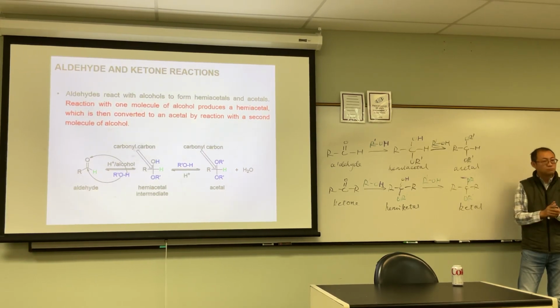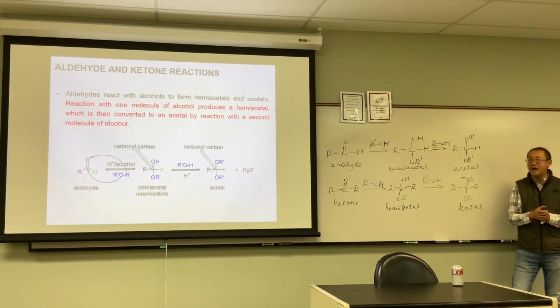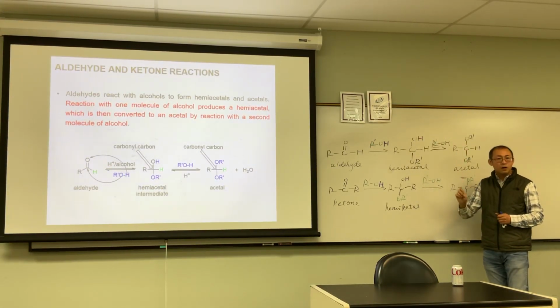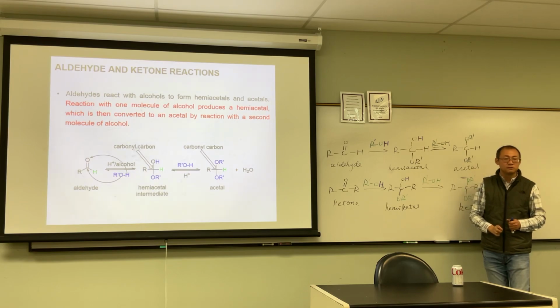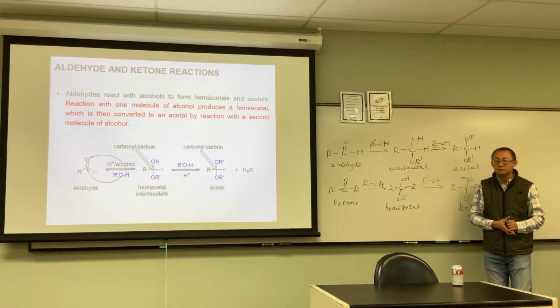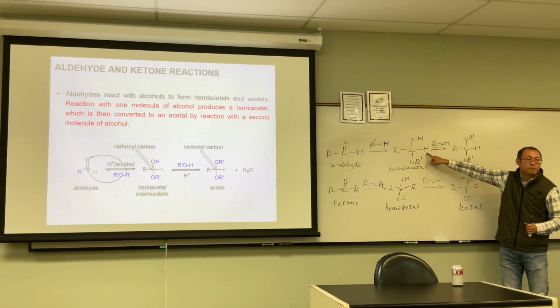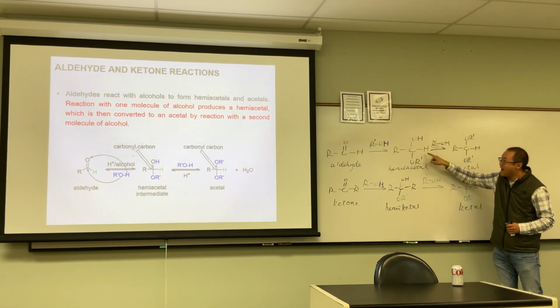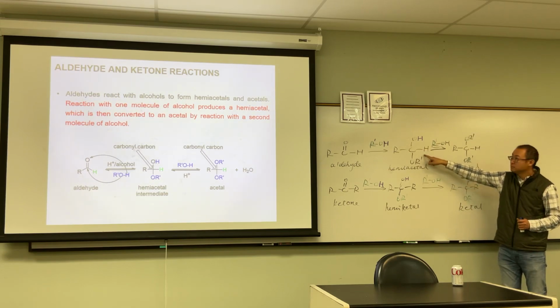Number two. After you identify the carbon with two oxygens single bonded, how do we know if the structure is from an aldehyde or from a ketone? Based on the hydrogen. If on the carbon there is a hydrogen, that means what? Aldehyde.